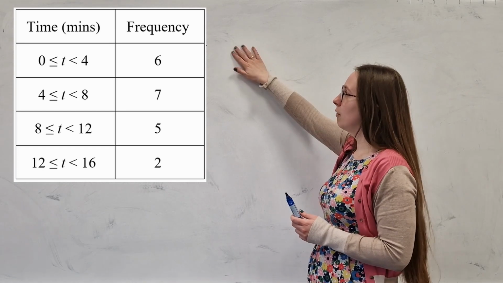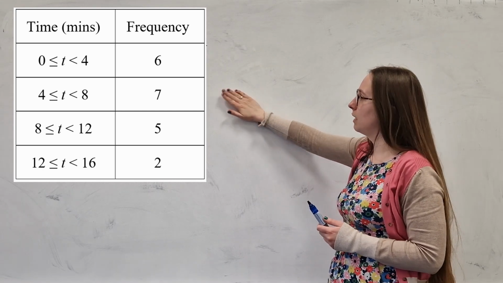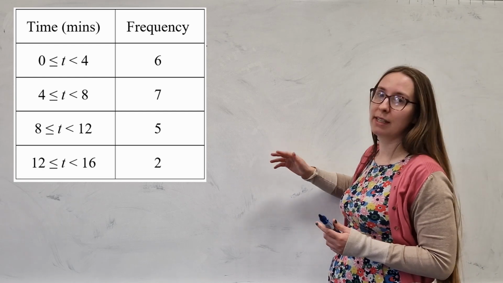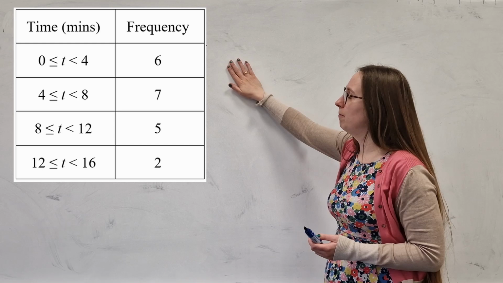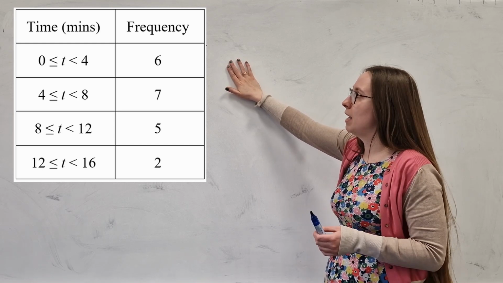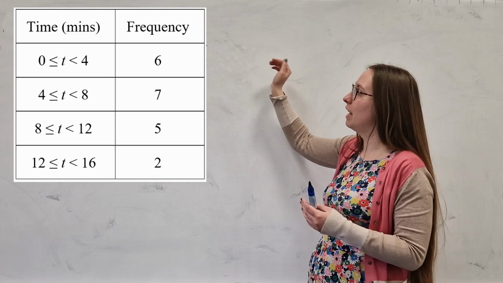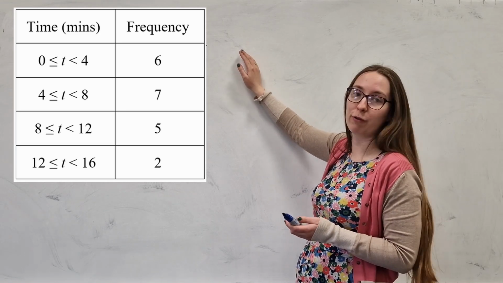And in the column next to it, we have the frequency. So 6 people take this long, 7 people take this long, 5 this long, 2 this long. But the problem is, and this is where the estimate comes in, we don't know if these 6 people took 1 minute, 2 minutes, 3 minutes, 3.5 minutes. They could lie anywhere between this interval. So this is the problem with grouped data.